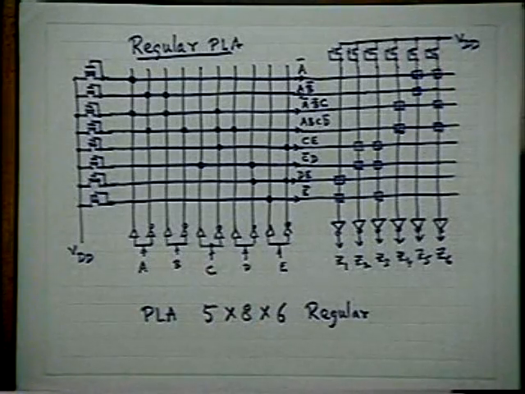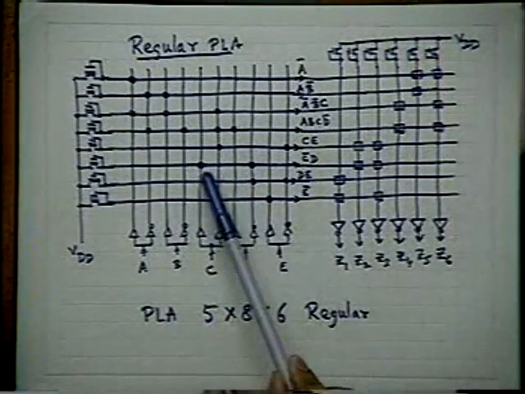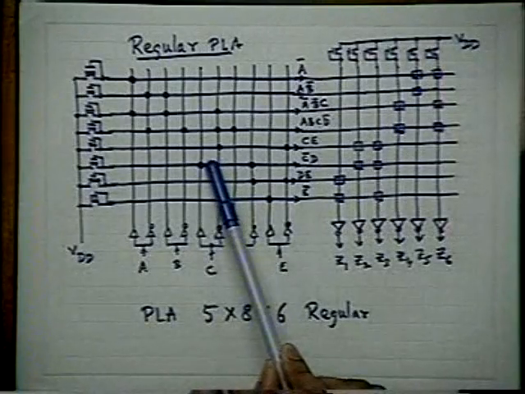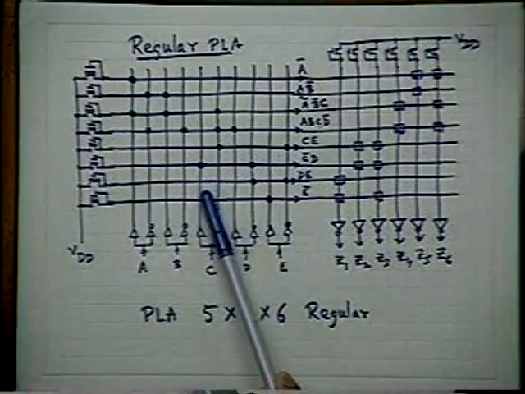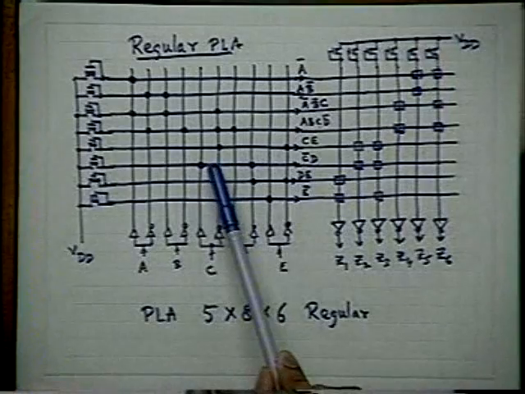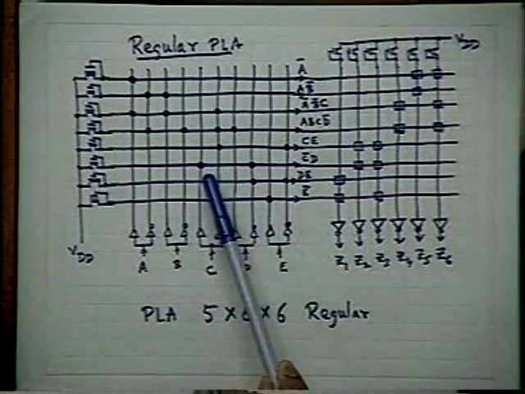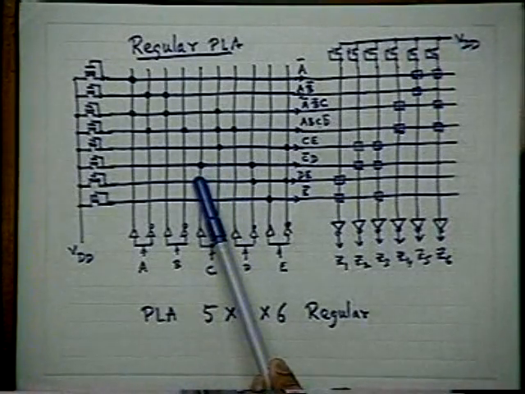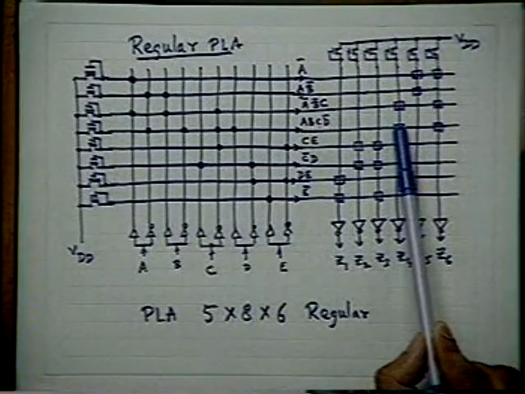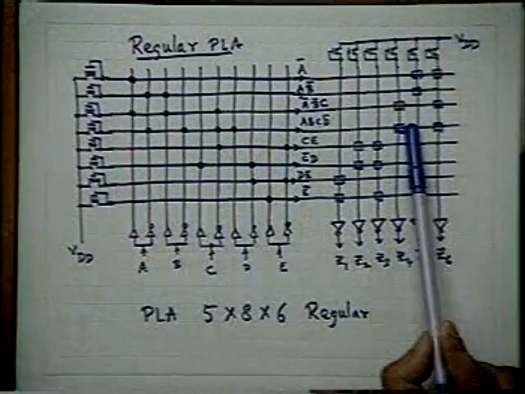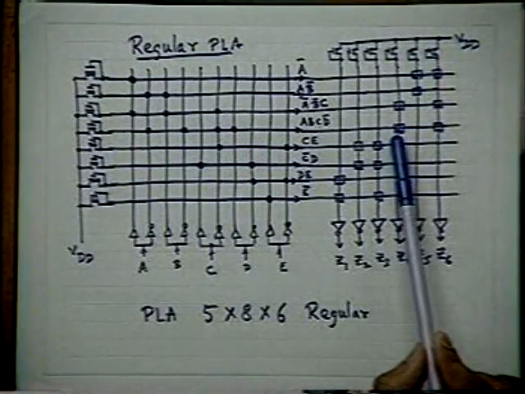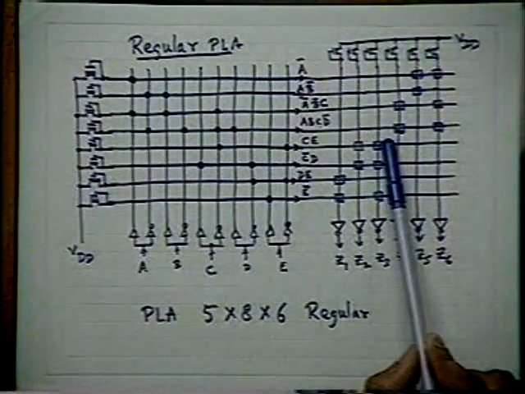But one has to keep in mind that here the drain is connected to the rows and gates are connected to the columns. And if I put a dot here, the second dot will assume that the gates are connected to the rows and drains are connected to the columns.